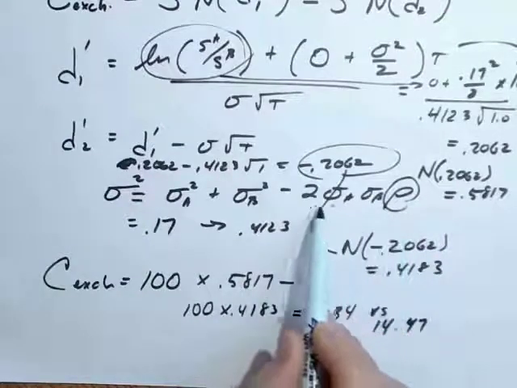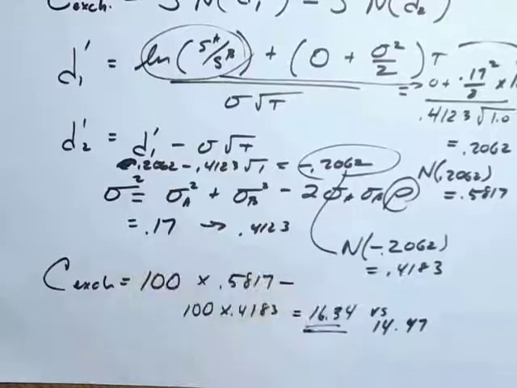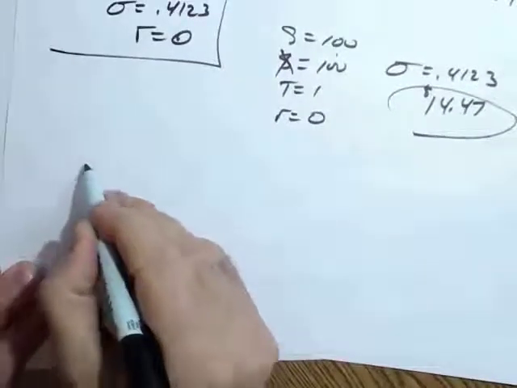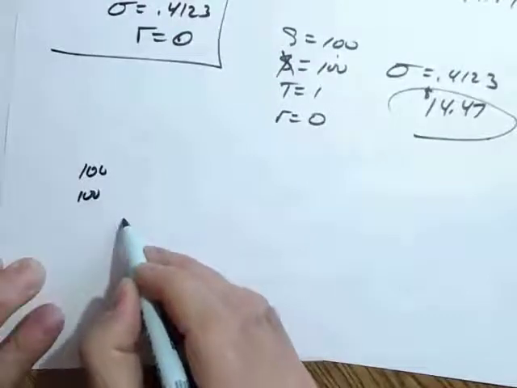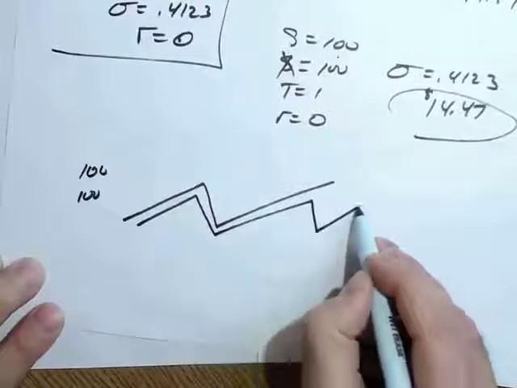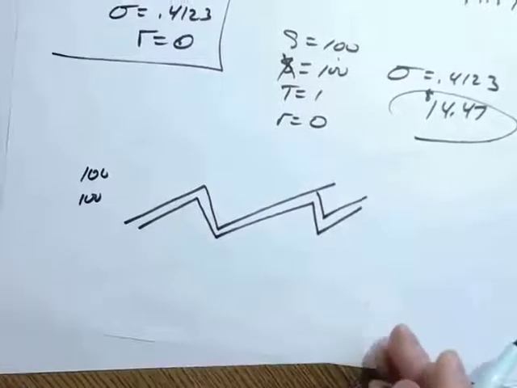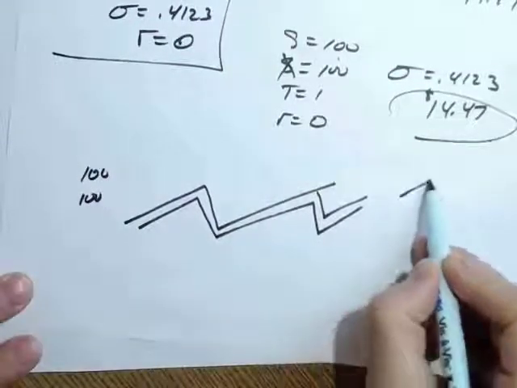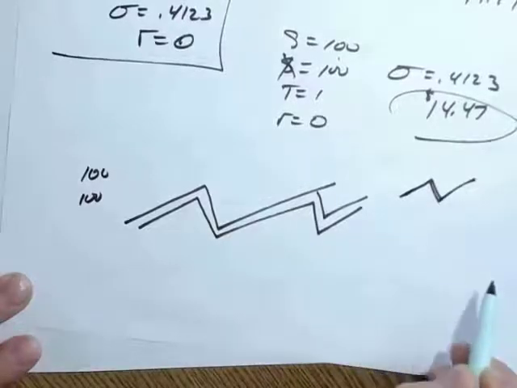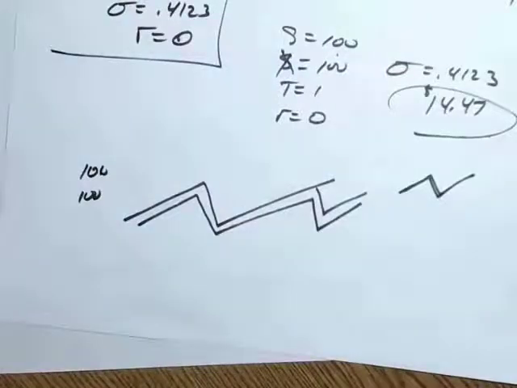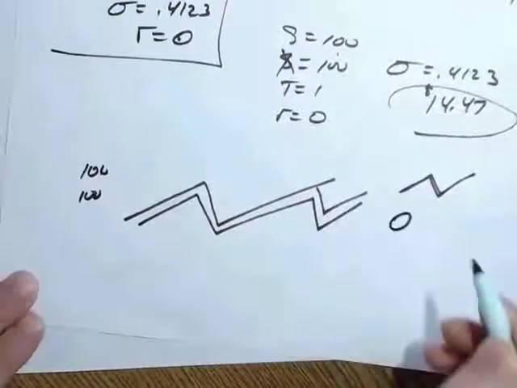Conceptually, if they were perfectly positively correlated and we had two stocks each priced at 100 right now, the 2 stocks would move perfectly in sync with each other over time. There's never going to be a difference between them. The option will finish at the money at expiration, and the value of the option would be 0.